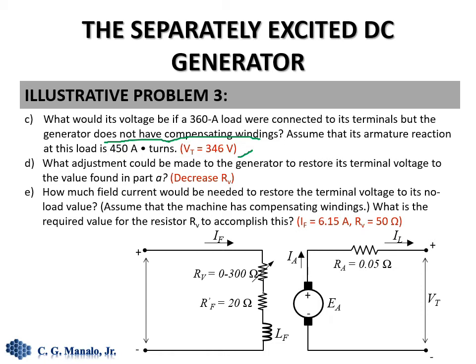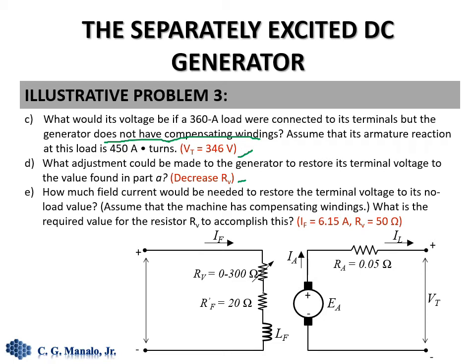And letter D, what adjustment can be made to the generator to restore its terminal voltage to the value found in part A? This really means that after C, our terminal voltage becomes severely decreased because of the armature voltage drops and the armature reaction.